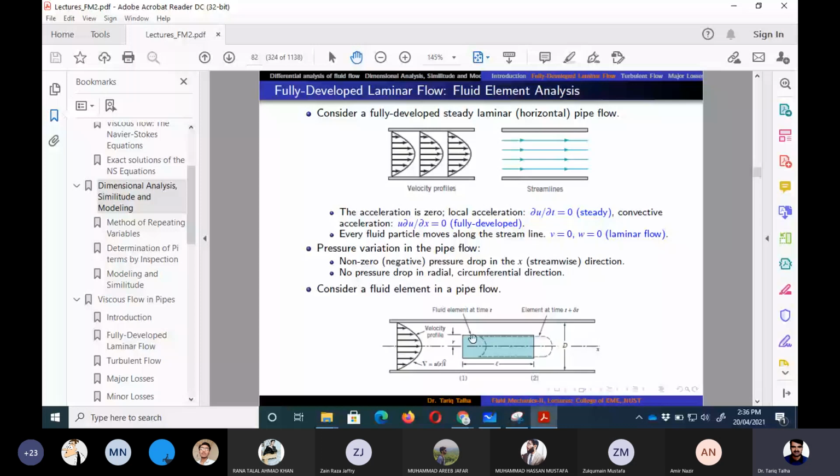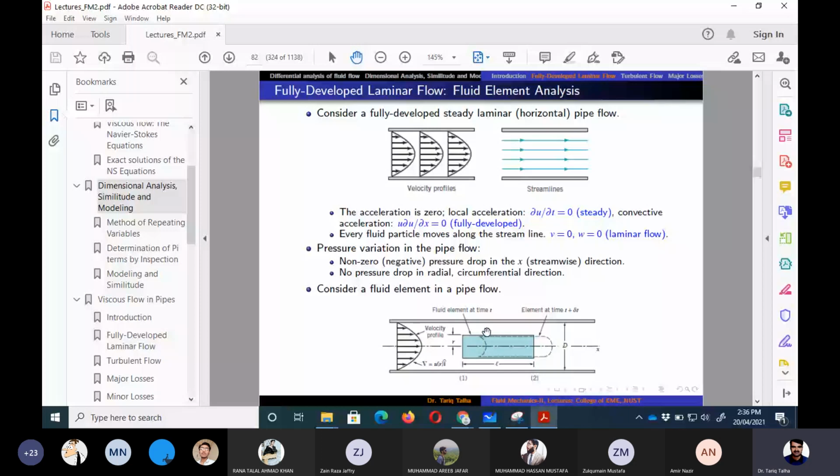It was a rectangular component, but after some time t plus delta t, it has attained a cylindrical shape, because there is some kind of shear force happening on this element's surface from the other element.